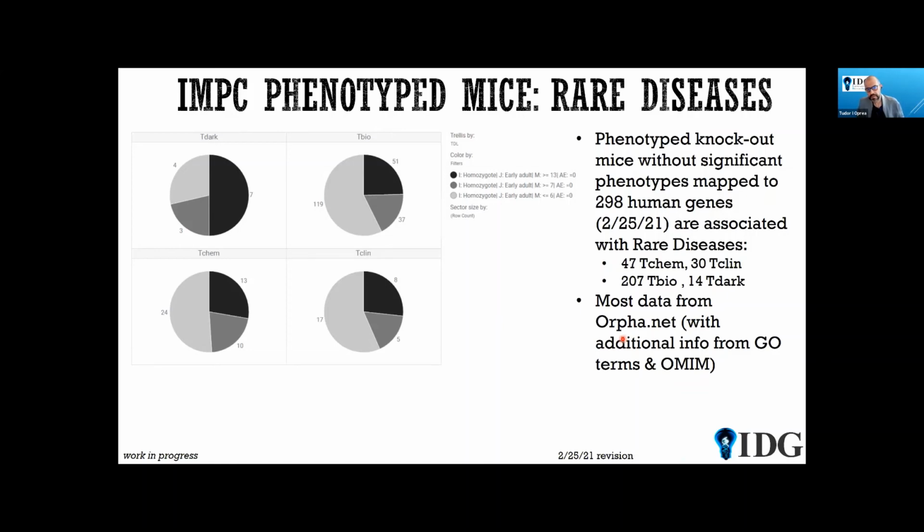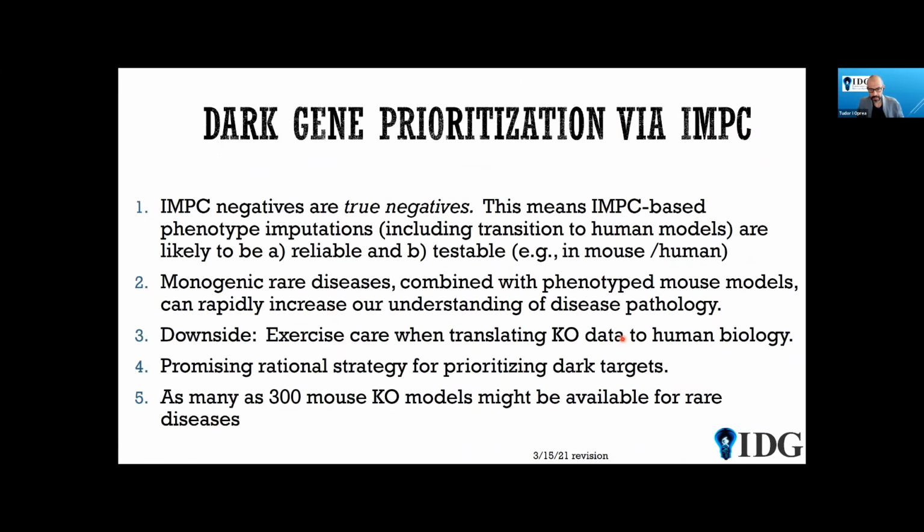So the short version, the take-home message is that you could prioritize dark gene research using the IMPC. We think that the negatives that come from IMPC are true negatives. And the reason that statement is here has to do with the rigor of statistical measurements. So each of these associations has to be evaluated according to a number of statistical parameters.